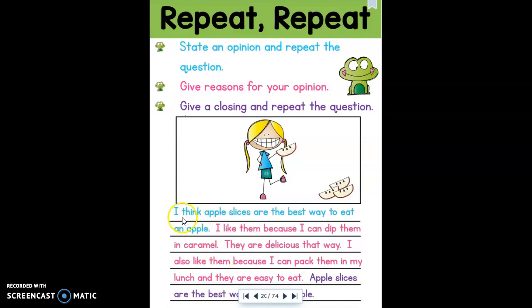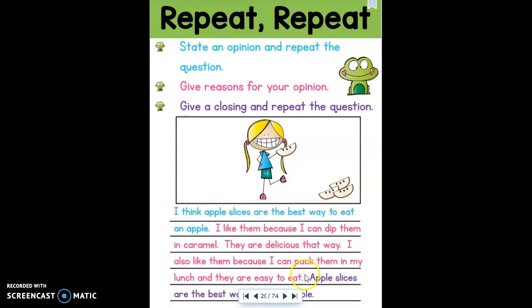Let's say you picked, I think apple pie is the best way to eat an apple. And then you could say, I like apple pie because it is delicious. I like to eat it with ice cream. It's warm and it makes me feel happy. Whatever it happens to be, but you just need to give me one reason for your opinion.